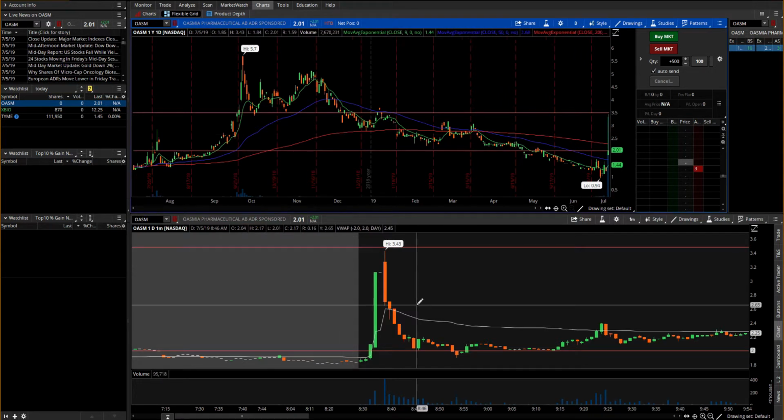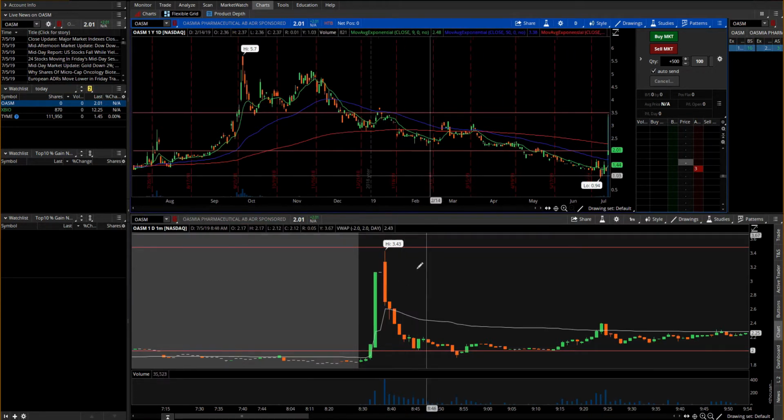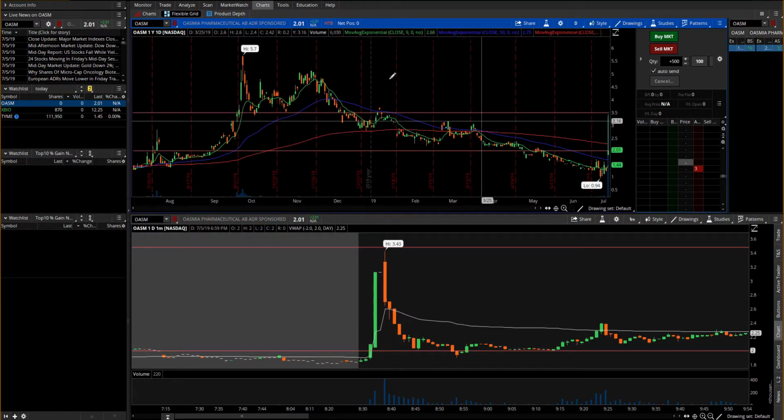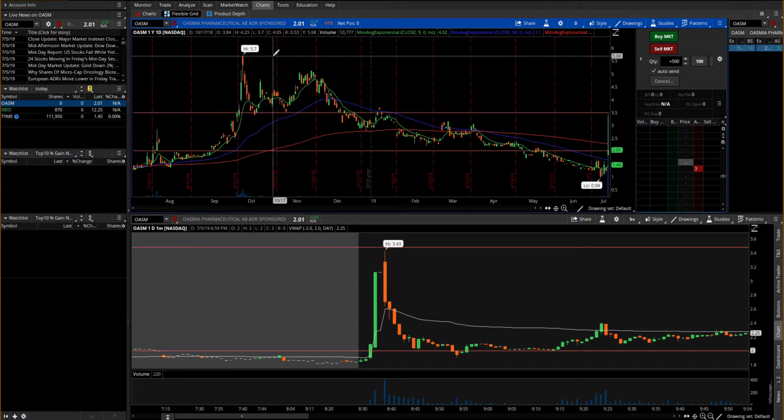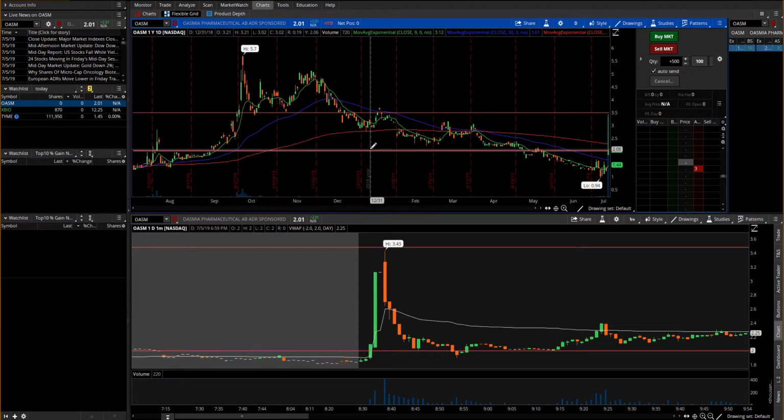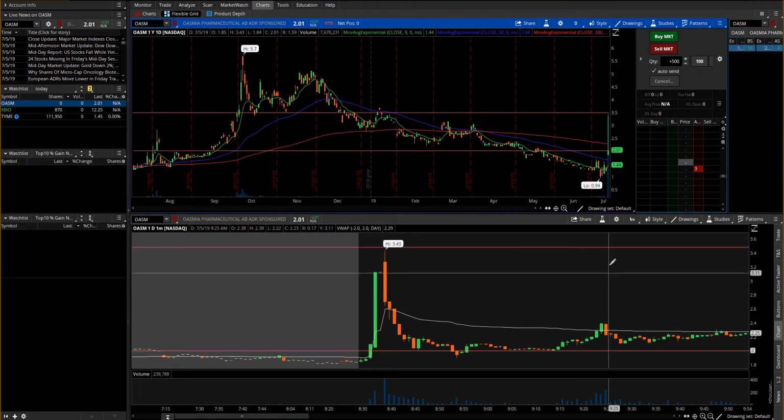This chart is on the same stock, but this one is telling us all of the stock secrets. We look at this and we're like, okay, this guy has been up to $5, $6 before, so that's good. But we've got the support and resistance line here. We can see that we got these EMAs. This tells us all the information we need to know about this stock.